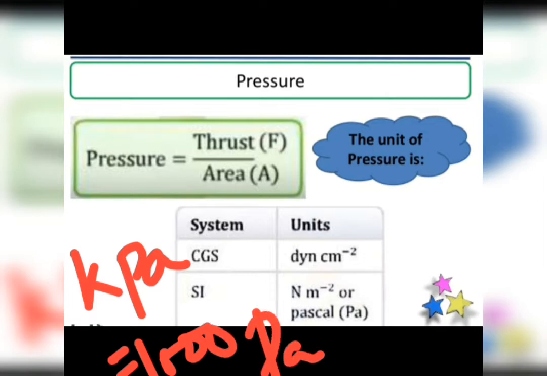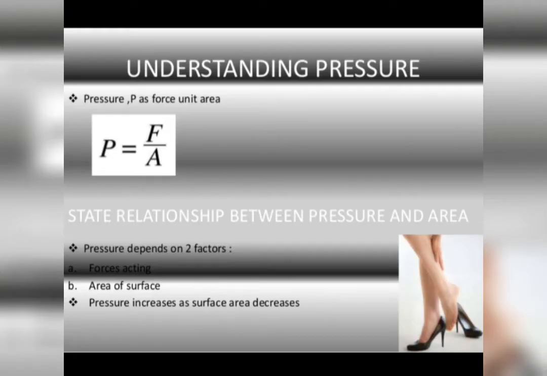Okay, students. So we'll get the value of pressure in Newton per square meter or pascals. Okay. Now, since the area is in the denominator of the pressure formula, it means the larger the area of the surface, the smaller will be the pressure produced by the given force.